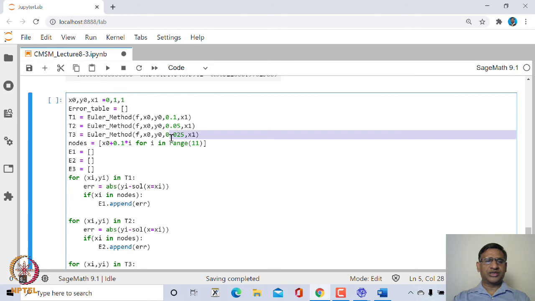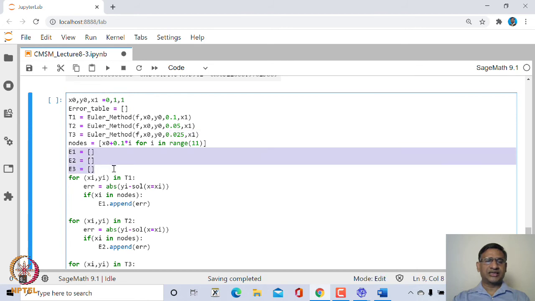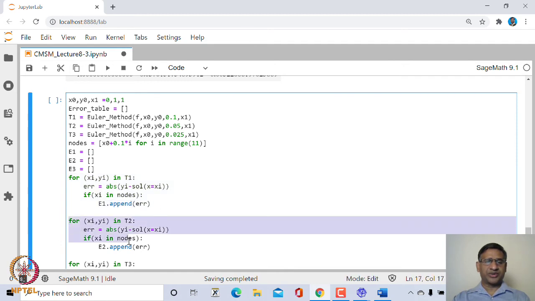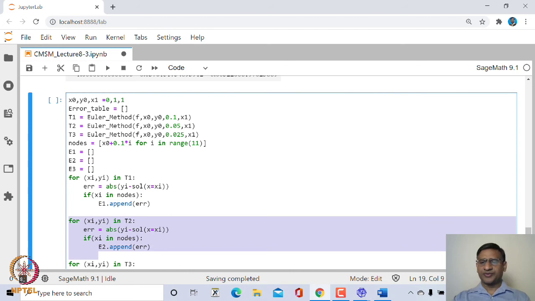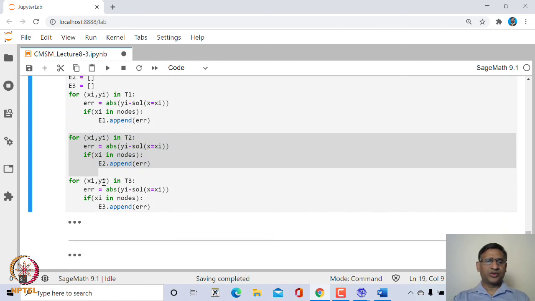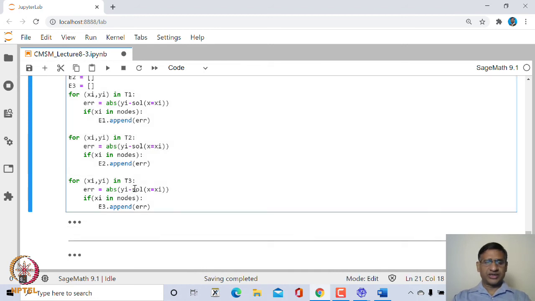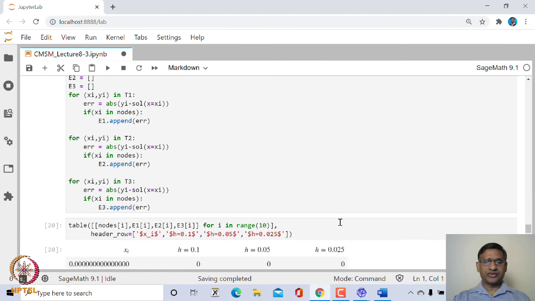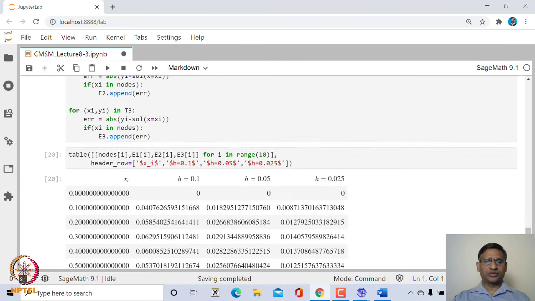And so these are the nodes we are defining, initialize these errors, and then for the first one let us append this error in E1, and then for the second step size append this in E2, and then similarly do it with x3, that is step size 0.025, and let us run this and let me tabulate this. So this is what you get.